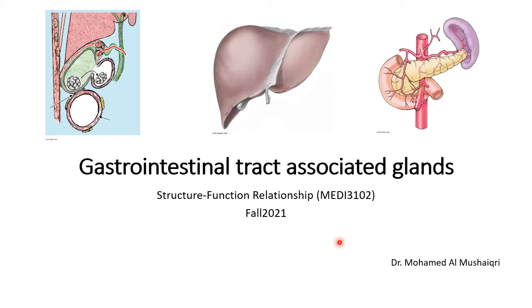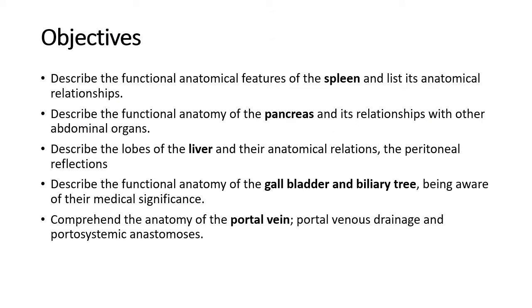Today inshallah we'll cover the second lecture of the abdomen, and we'll do the gastrointestinal tract associated glands. The objectives of today's lecture are to describe the functional anatomy and features of the spleen, pancreas, liver, gallbladder, and biliary tree.